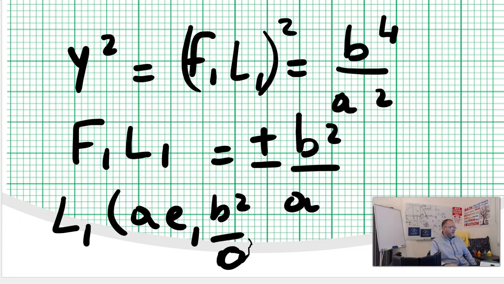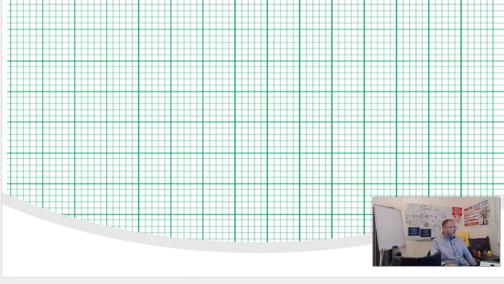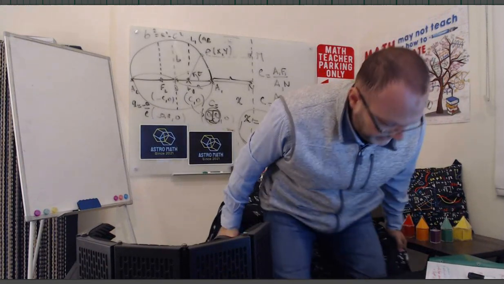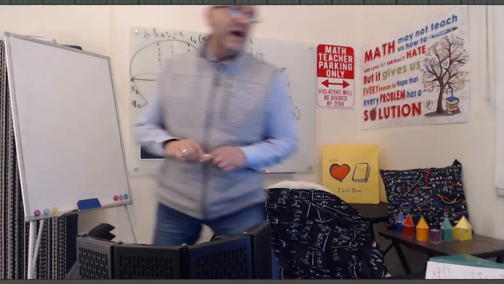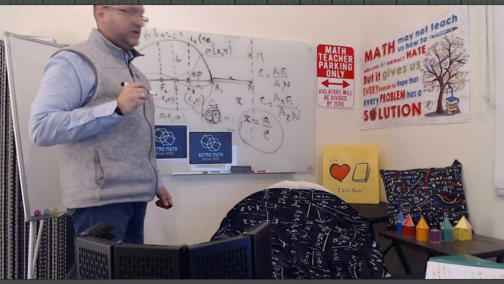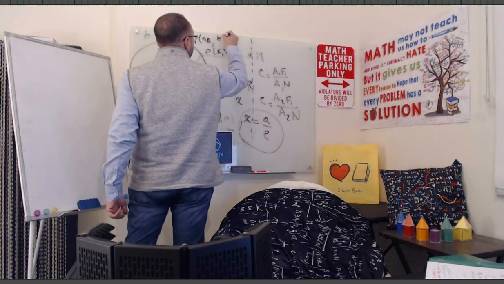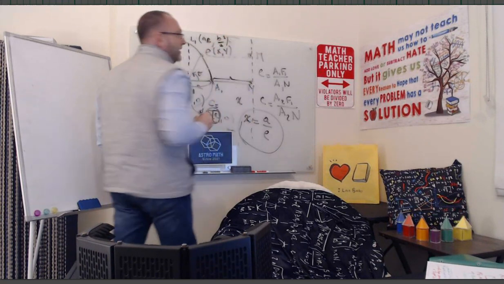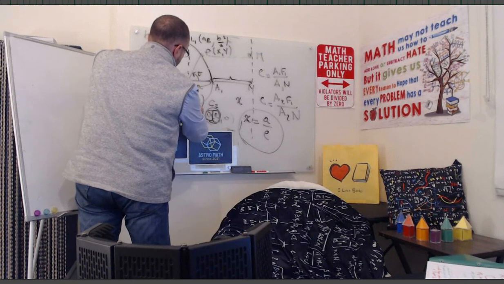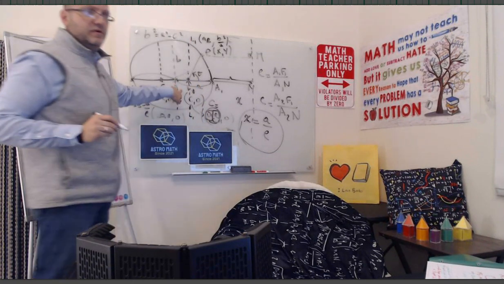So if I go back here, let me go to the board and show you where all these points are, okay? I have my L1, this one, at AE, and the Y coordinate is B squared divided by A. And L1 prime, the one that corresponds here, will be the minus.